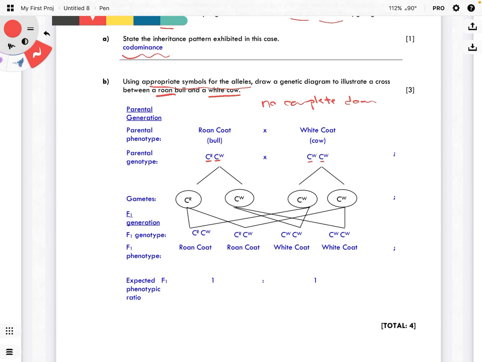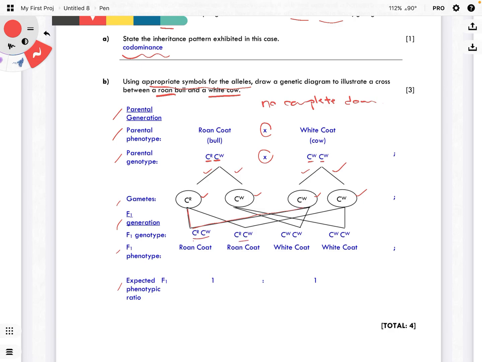Okay, so let's just do a quick check. You need to have all your titles at the side. Then you need to make sure you have all the crosses to show that it's mating. Make sure you use the right symbols. Make sure also that you have lines to show that the gametes are forming. Make sure that you circle your gametes. Make sure you draw the lines to show the crosses that can possibly happen.